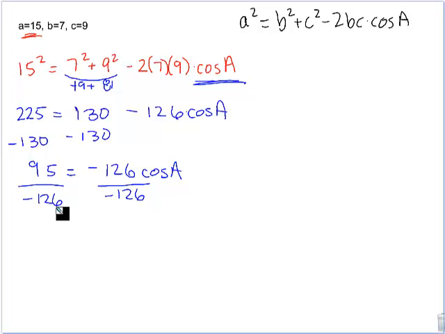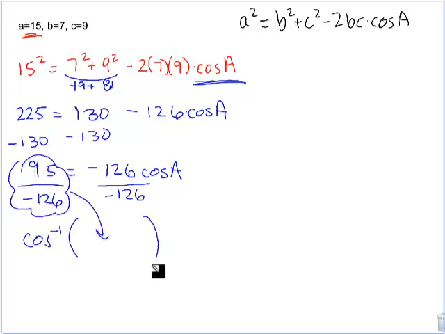And then how would we find the value for angle A? The inverse cosine. Yep, so you take the inverse cosine of whatever value you get for that. You can also actually put that directly in the inverse cosine if you want to.